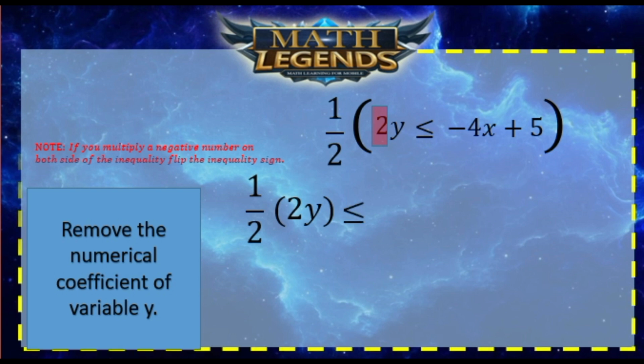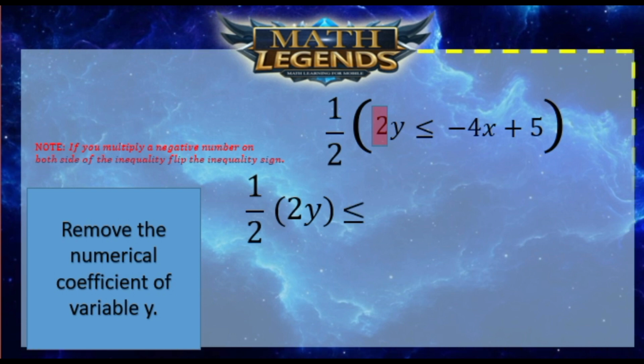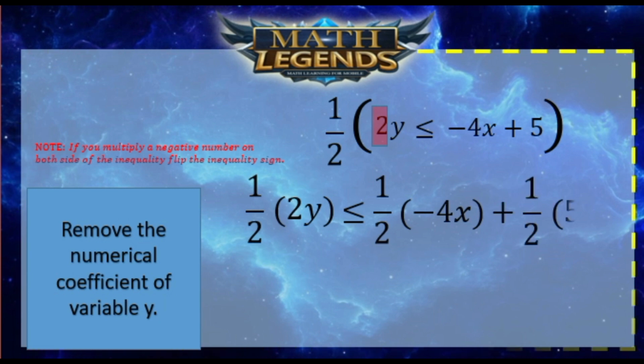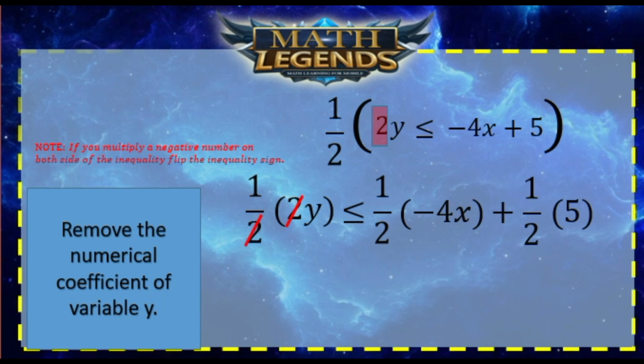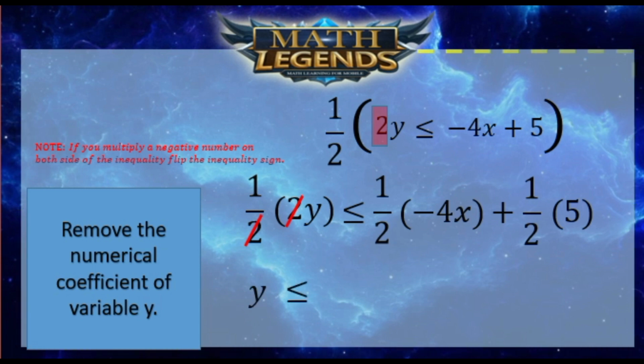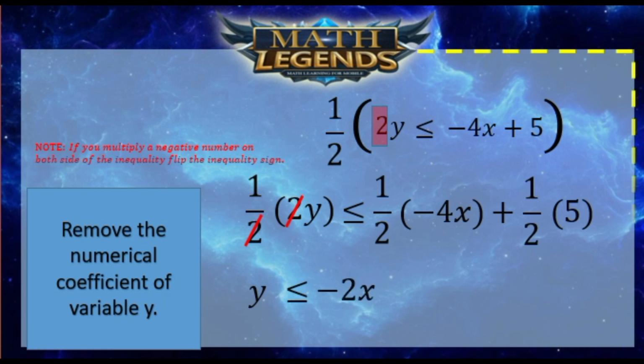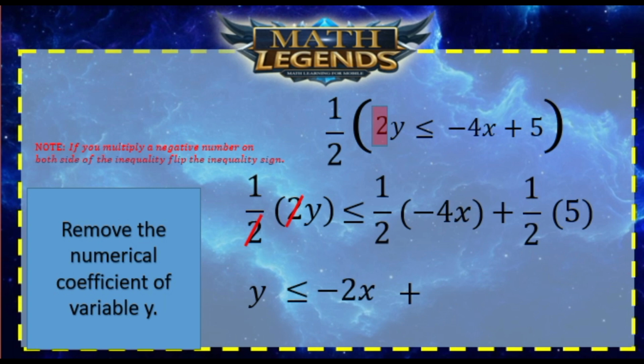So that is less than or equal to 1 half times negative 4x plus 1 half times 5. 1 half times 2y, we're going to cancel out 2 and it will become 1. So therefore, we'll have on the left side y, less than or equal to 1 half times negative 4x, the answer will be negative 2x, plus 1 half times 5, the answer is 5 over 2.